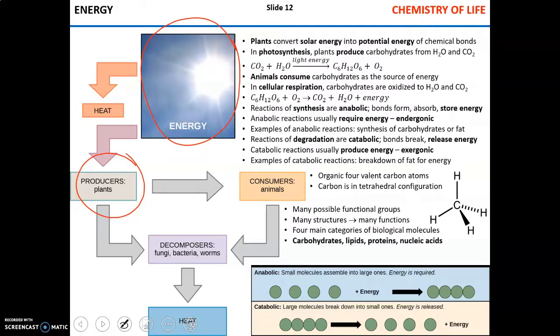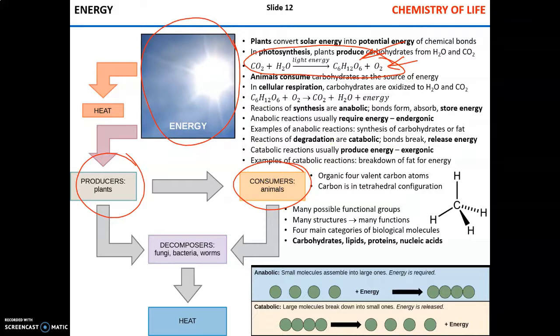Plants are considered to be producers, not consumers. This is the reaction of photosynthesis, where carbon dioxide combines with water and produces, as an example, glucose, or carbohydrates, and oxygen is a byproduct. Animals are consumers. They consume carbohydrates, they consume plants as the source of energy.